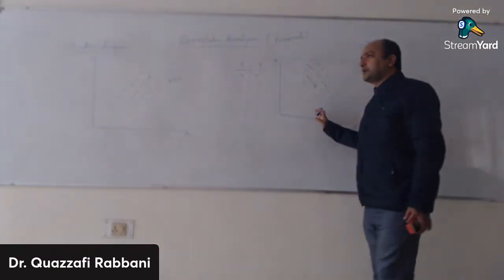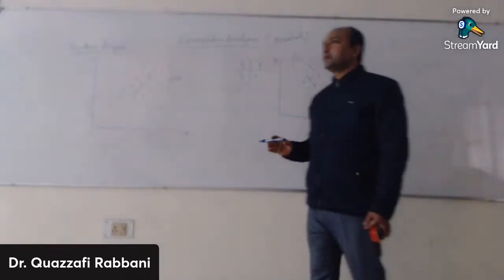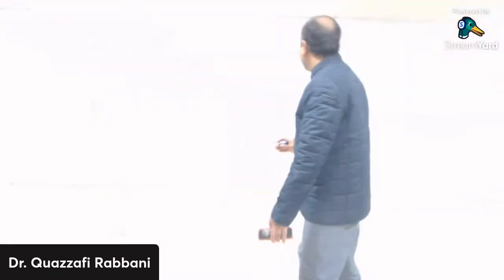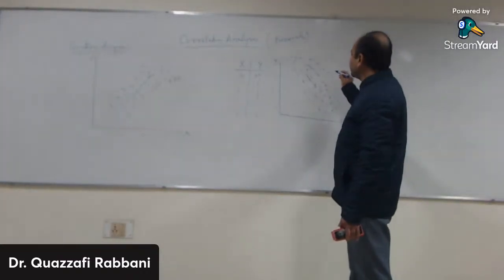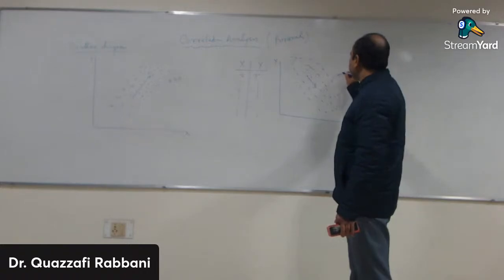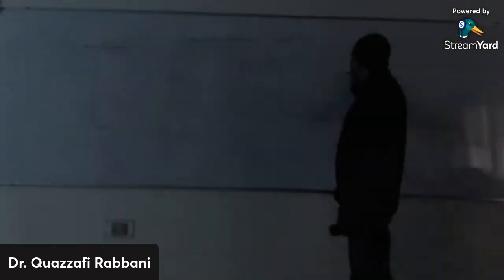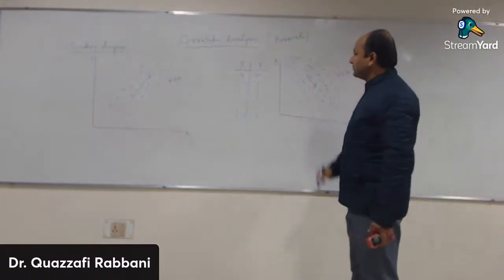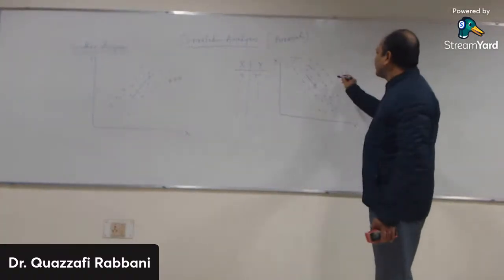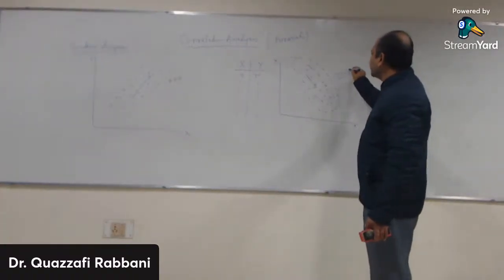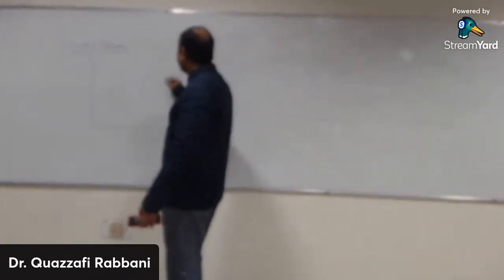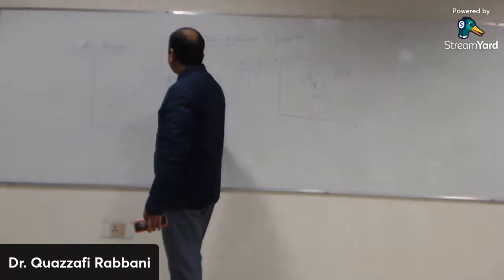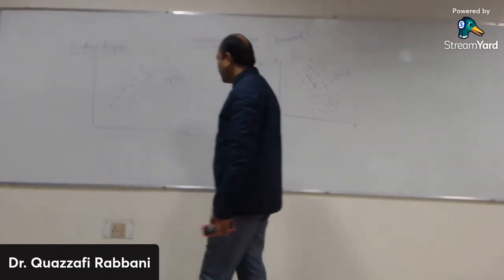If X increases, then Y decreases. So this correlation is negatively correlated, and the value of R is less than 0. Here R is positive, that is, greater than 0.